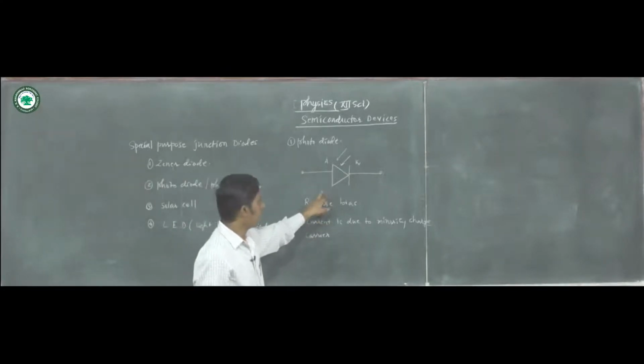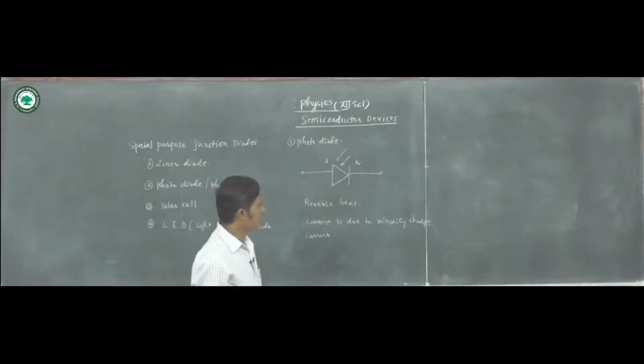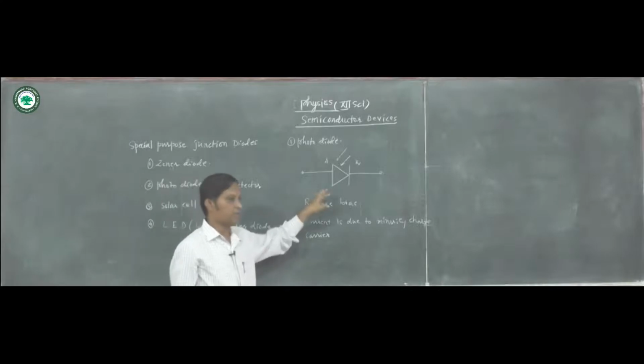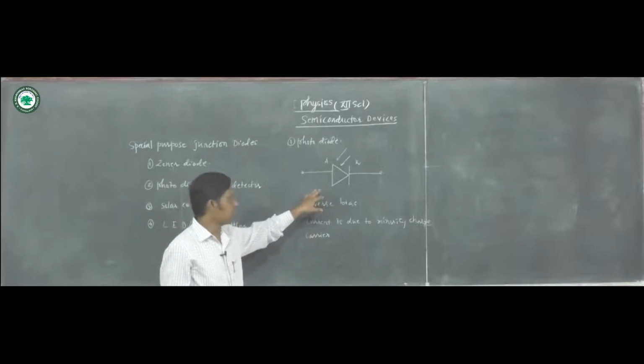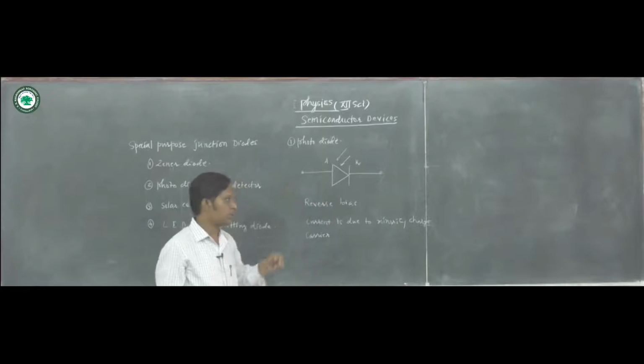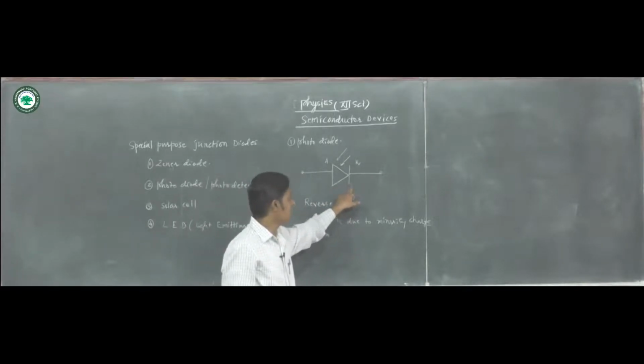This is the anode, which is the p-type semiconductor. Majority carriers in this p-type semiconductor are the holes, but in this region there are some electrons moving. Those electrons in this p region are nothing but the minority charge carriers, and similarly this cathode is made up of the n-type semiconductor.